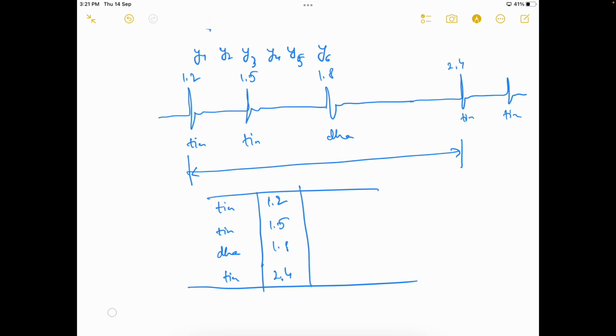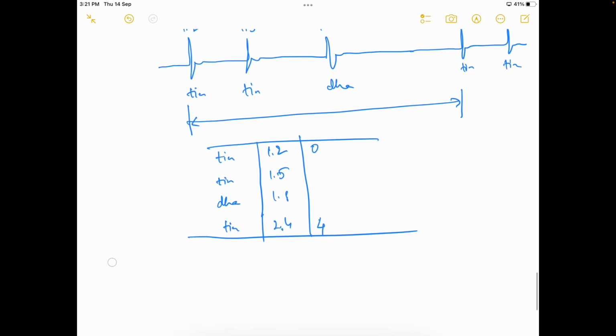Now I know this should map to 0 and this should map to what? 4 beats, right? 0, 1, 2, 3, yes. This should map to 0, this should map to 4, which means first of all I subtract 1.2 from everything. Let's do that first. So minus 1.2 from everything, so it becomes 0.0, 0.3, 0.6, and so on.